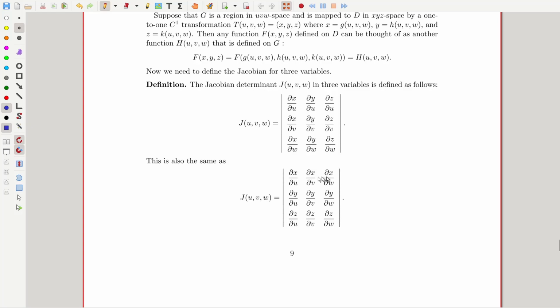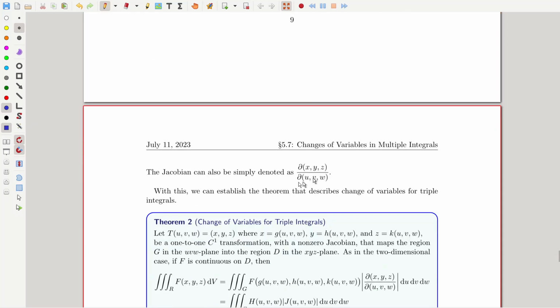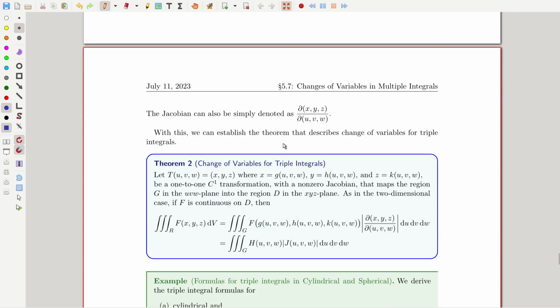This is like the gradient of x, the gradient of y, the gradient of z. Okay. Right. So that's how the Jacobian works in 3 dimensions. And yes, you might see this kind of notation show up.